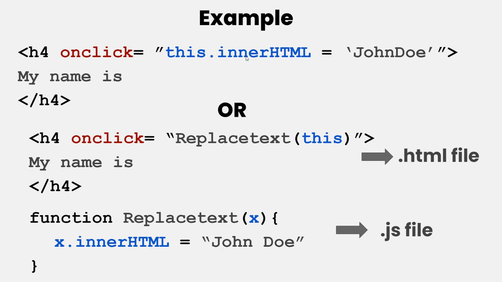Setting this to John Doe means that when the user clicks on this particular text rendered on the screen, the text here would change to John Doe. So this is an example of how the onclick event handler can be used. Very easy and simple, and this is a shorter method to do so.